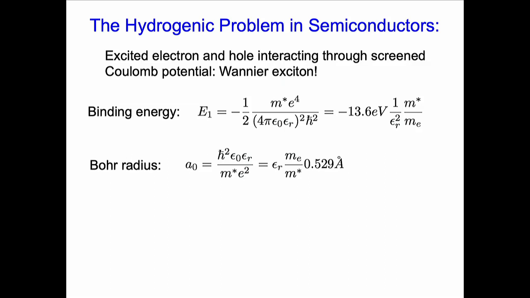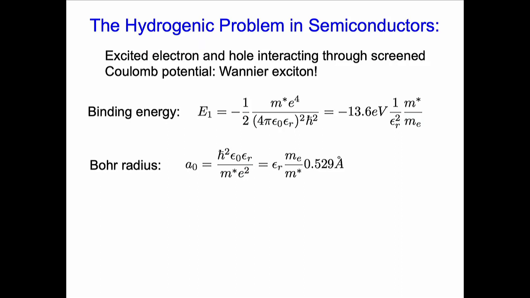And then we immediately obtain the result that we scale the hydrogen energies by 1 over epsilon r squared times the ratio of the effective reduced mass and the free electron mass. We can also look at the Bohr radius, which is given by this formula here.